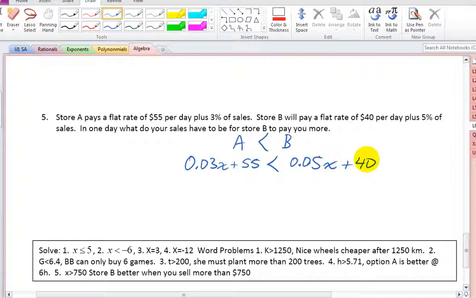Okay, I hope you changed your percentages to decimals. Good. All right, you guys are good to go.